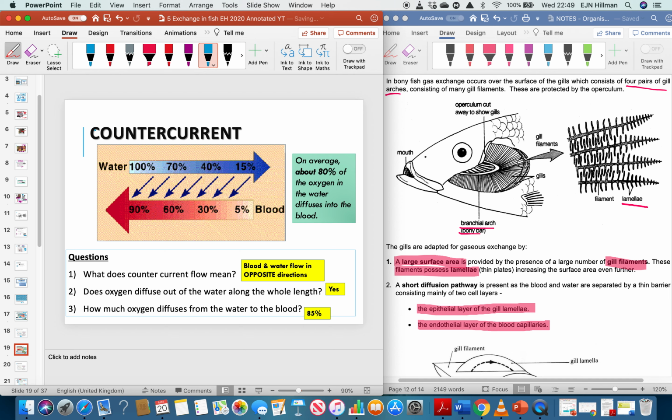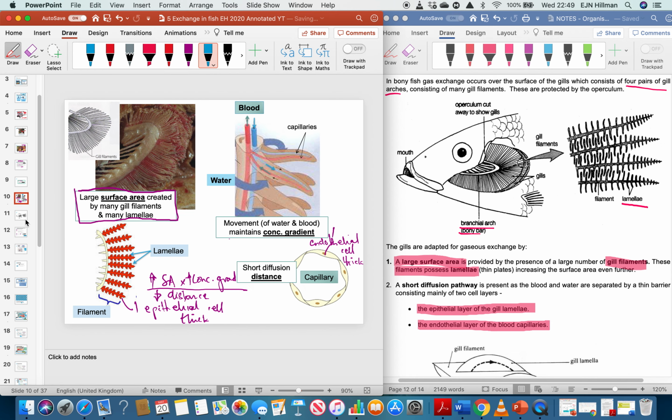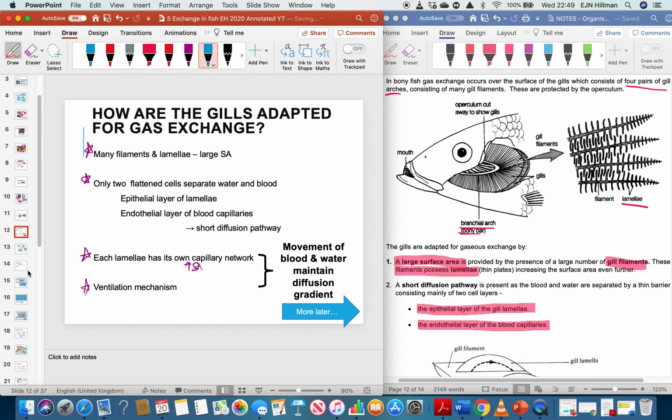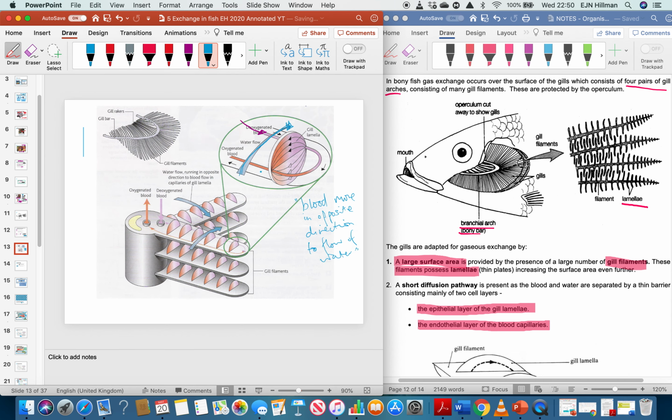So that's parallel flow. This is countercurrent flow. And if you remember back to the diagram we looked at earlier, here we could see that the blood moved through the capillaries in the lamellae in the opposite direction to the movement of the water.